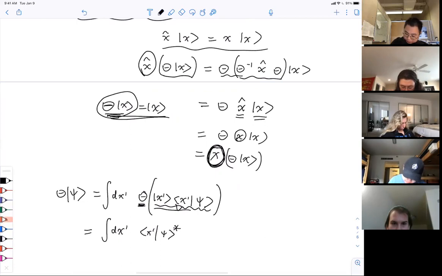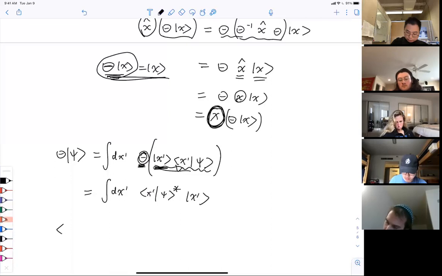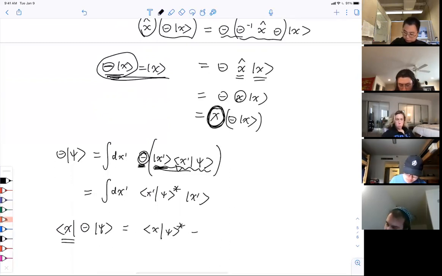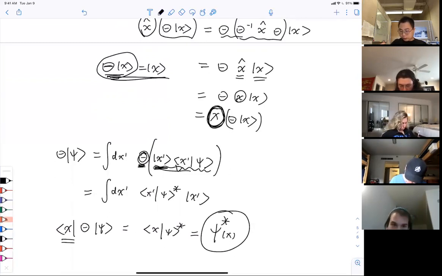But the time reversal operator acting on this ket x prime just gives us x prime itself. Then we do a projection onto the real space, and we get this. So under a time reversal operation, our wave function in real space just becomes the complex conjugate of the original wave function.